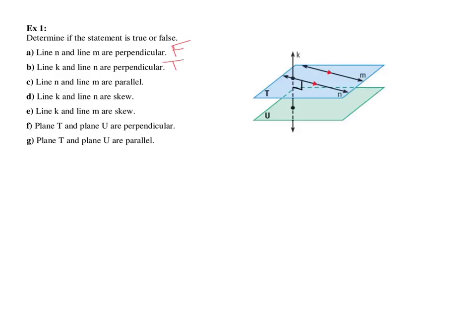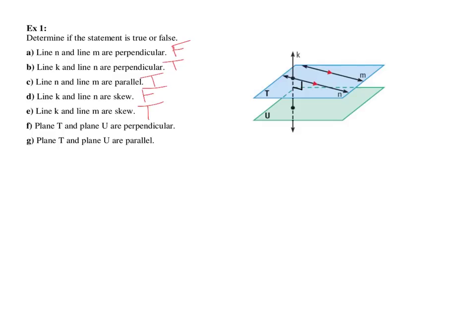That's true. Line N and line M are parallel. That's true. Line K and line N are skew. That's false. They intersect. Line K and line M are skew. That's true, because they don't intersect and they lie on different planes.